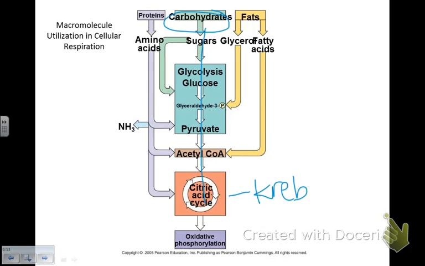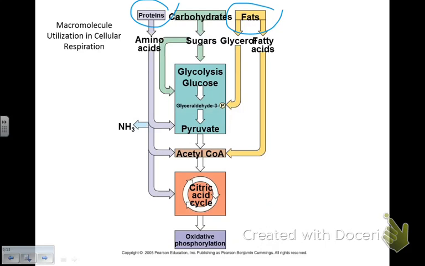You may see citric acid, so know that. And then oxidative phosphorylation is, of course, ETC. Okay, but sometimes if you don't have carbs, you would break down stored carbs, of course, but your body can get energy from, so look right here, it can actually get energy from fats or from proteins.